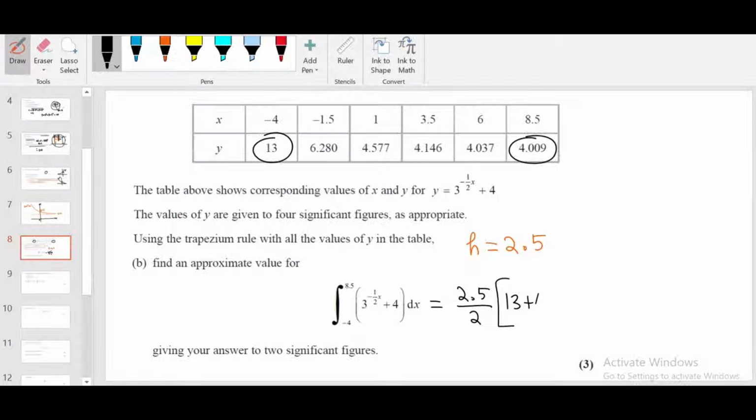13 plus 4.009, plus 2 times the sum of the rest of the y values.